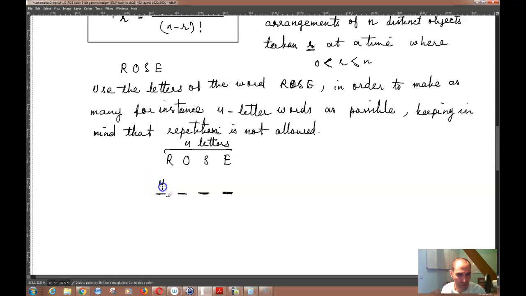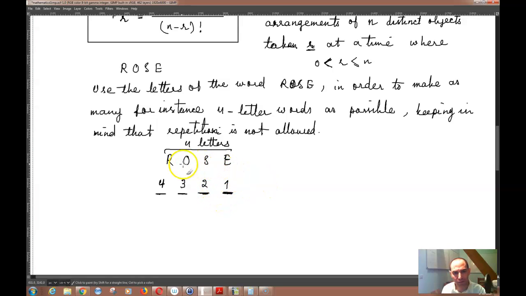So there are 4 different ways of filling this placeholder. Now, since repetition is not allowed, you have already used one of the letters here, so there are another 3 ways to fill this placeholder. After that, you would have 2 different ways of filling this placeholder. And after that, there is only 1 way to fill this placeholder.